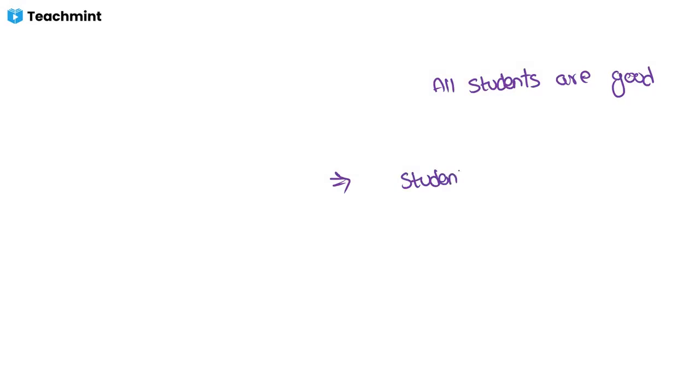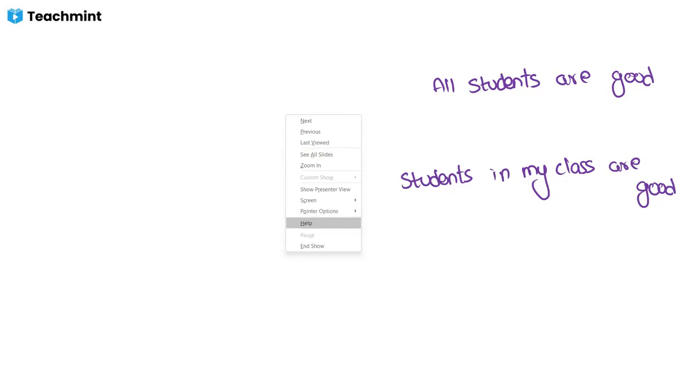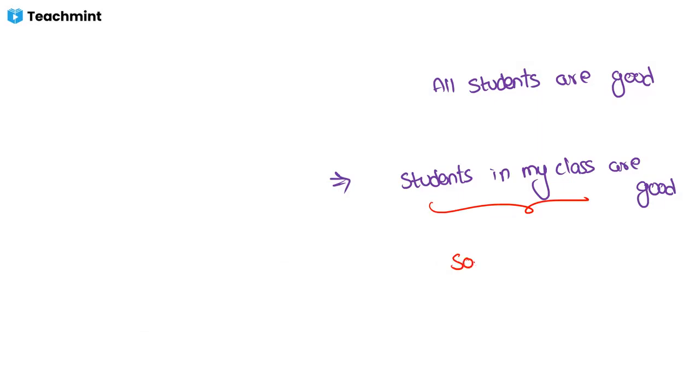Do you agree? But vice versa is wrong. If I say students in my class are good, I cannot claim all students are good. Vice versa may or may not be. But whenever all students are good, I can say students in my class are good. Students in my class means a few people, so some students are good.